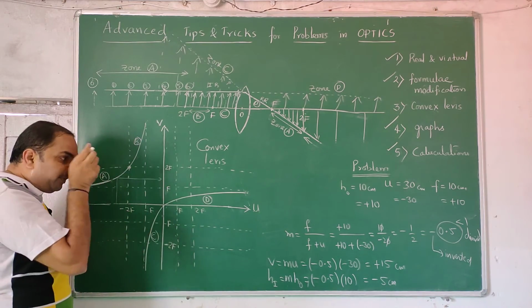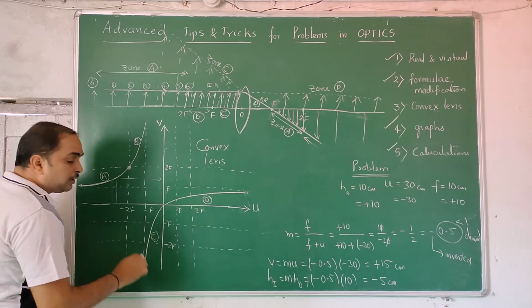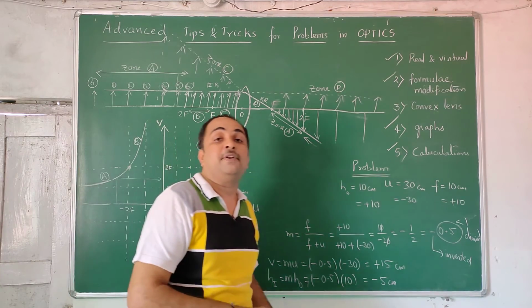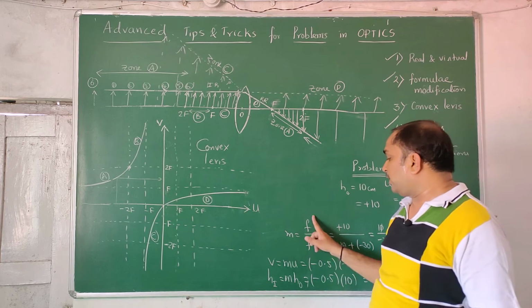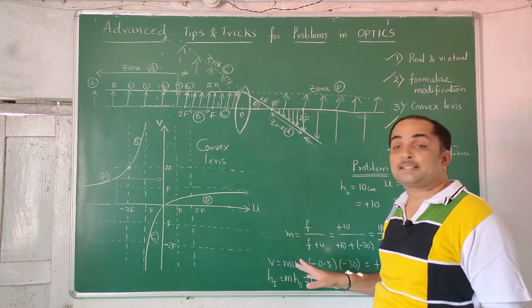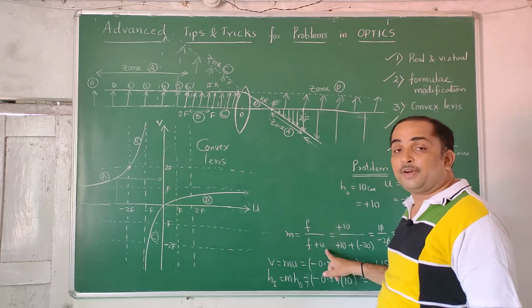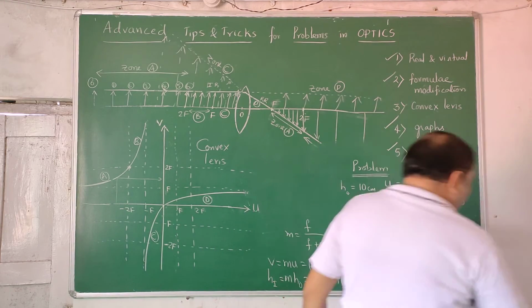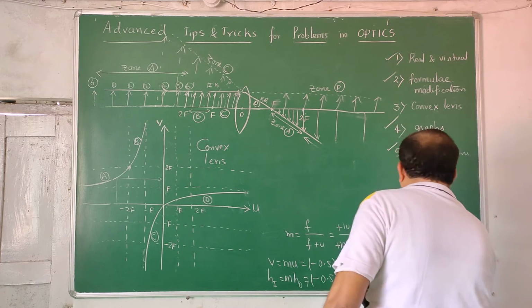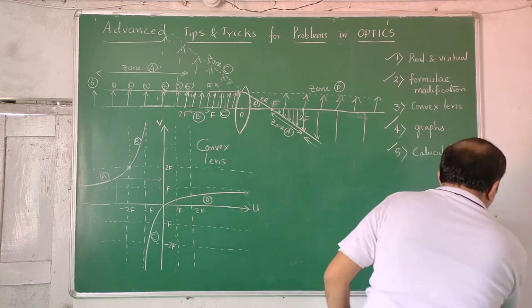So that you can read it. In between values, whatever you want to calculate, which don't involve zeros and infinities, you can go with this formula: m is equal to f by f plus u for lenses, m is equal to f by f minus u for mirrors. So whatever value they give, very quickly you can come to an answer.